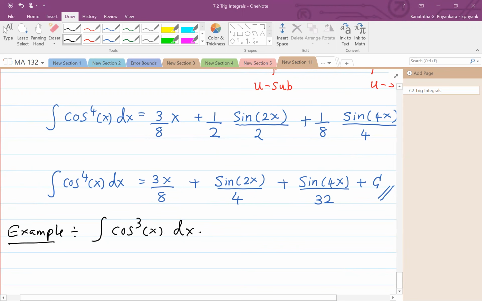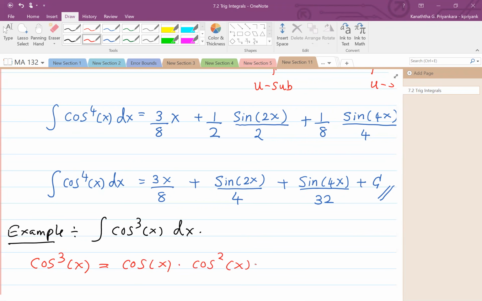In these cases, when we have an odd power, we can distribute this cosine cubed. I'm going to write cosine cubed x as cosine x times cosine squared x. Remember, when we have sine and cosine terms, we can use substitution.